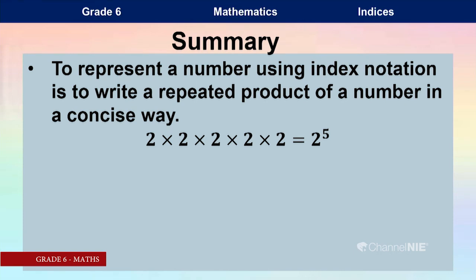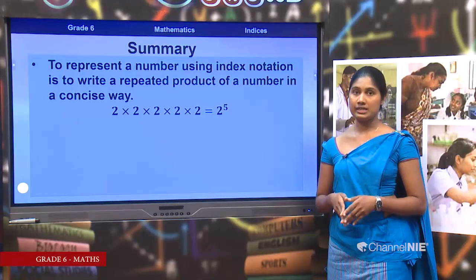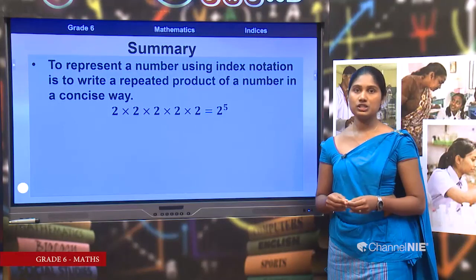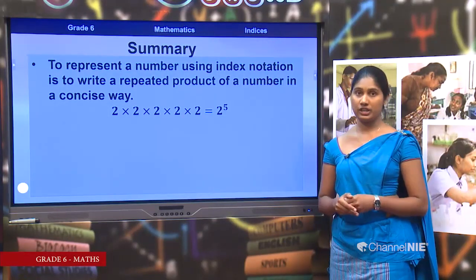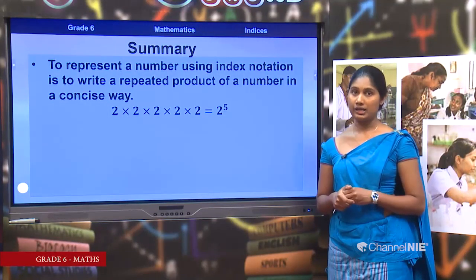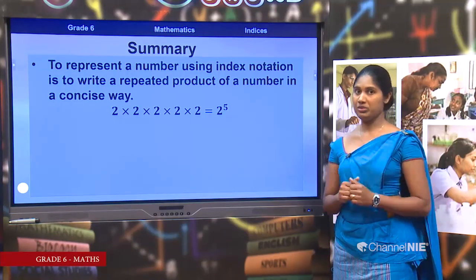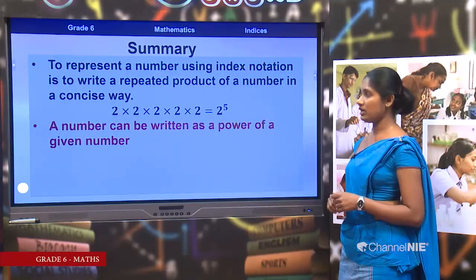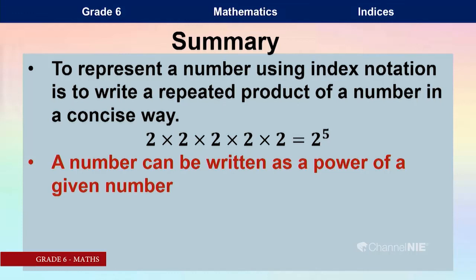Then if the index is 2, we can call it squared. If the index is 3, we can call it cube. So, remember those things. The next one, the number can be written as a power of a given number.